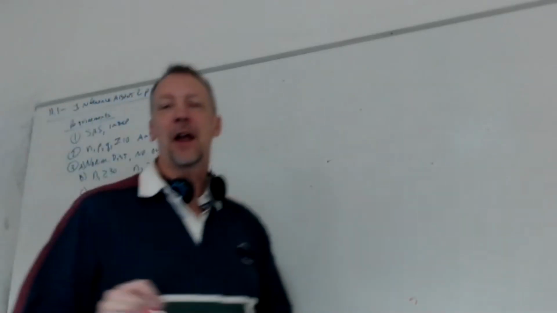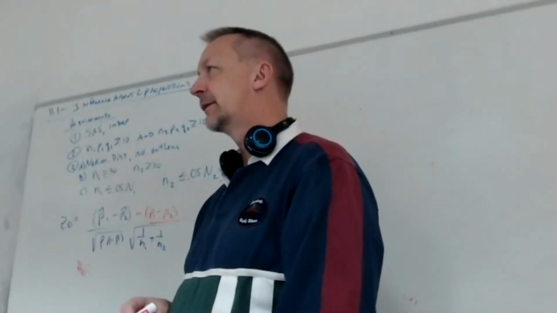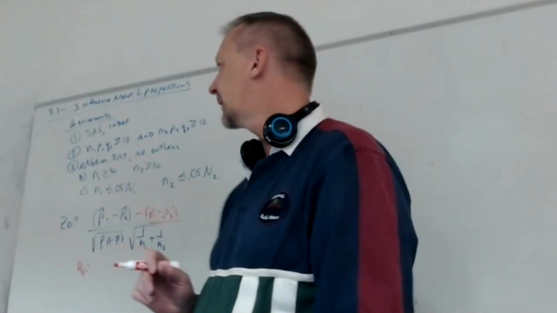Okay? And here's why. When you're doing your null hypothesis, in the past you've had a single proportion equal to a number, like more than 50% or less than 50% or something. With this kind of a two-proportion test, you've got two proportions. So you're assuming that there's no difference between the proportions.